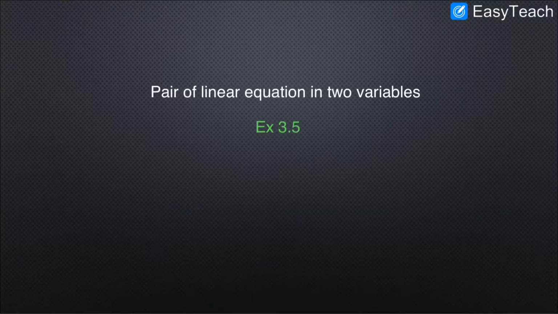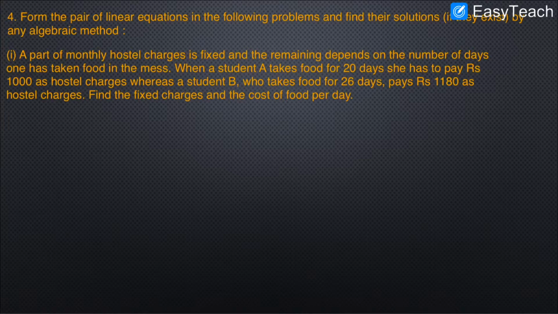So today we are going to solve some problems from exercise 3.5. This is the fourth problem. Form the pair of linear equations in the following problems and find their solutions by any algebraic method. A part of monthly hostel charges is fixed and the remaining depends on the number of days one has taken food in the mess.